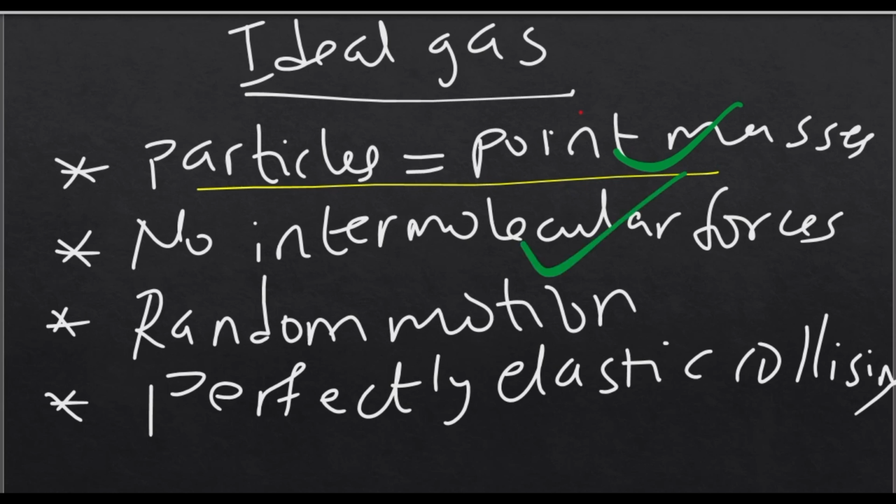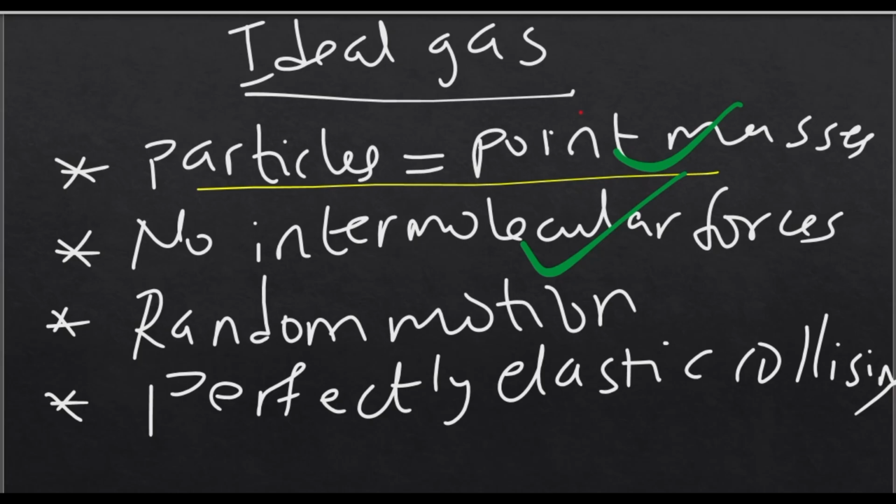The next thing is that we want the gas to move randomly. They should move in random directions. When they hit the wall of the container or hit one another, they should move in random directions.